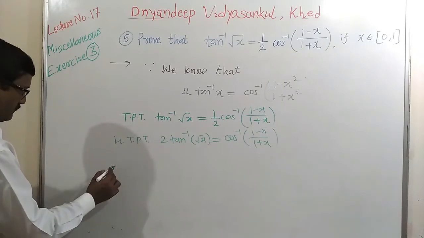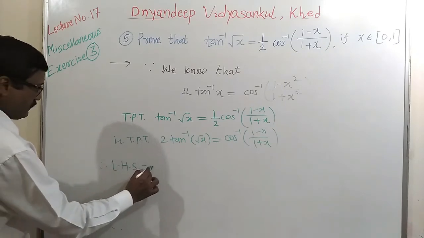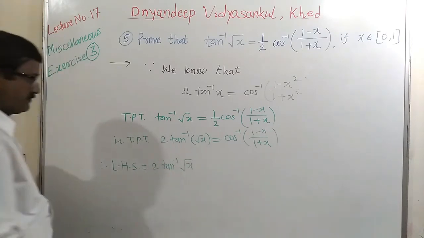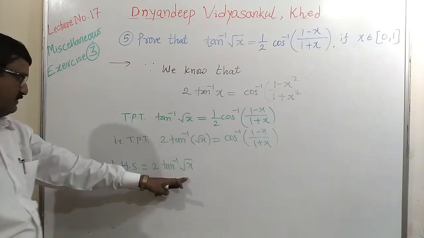Let us take LHS. Therefore, LHS equal to 2 tan inverse of root x. Instead of x, here is root x.